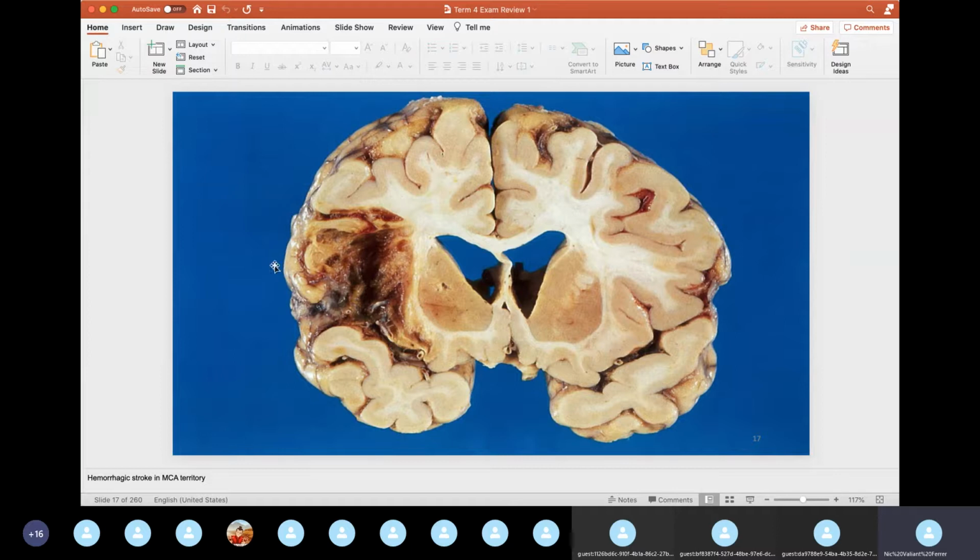So here we can see a hemorrhagic stroke. What artery do you think is involved here? Middle. MCA. This is the middle cerebral artery. So MCA supplies your what?